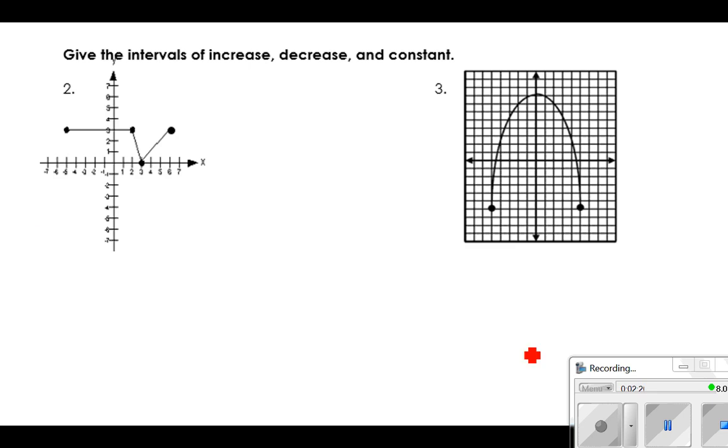Question number 2, it says give the intervals of increase, decrease, and constant. That means we are looking at the domain or the x values. And so let's label our first graph. First, it is a constant, then a decrease, and then an increase.